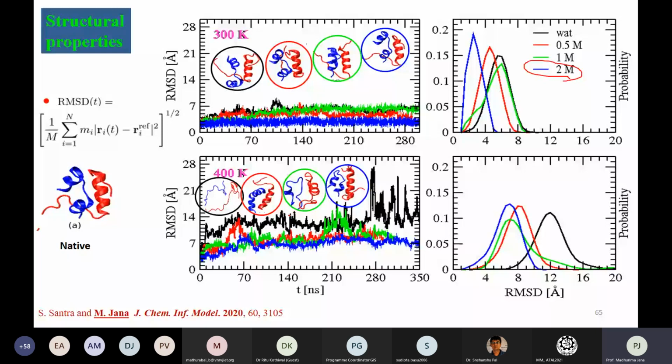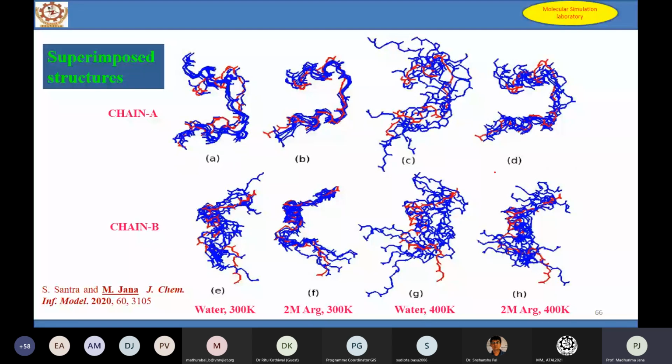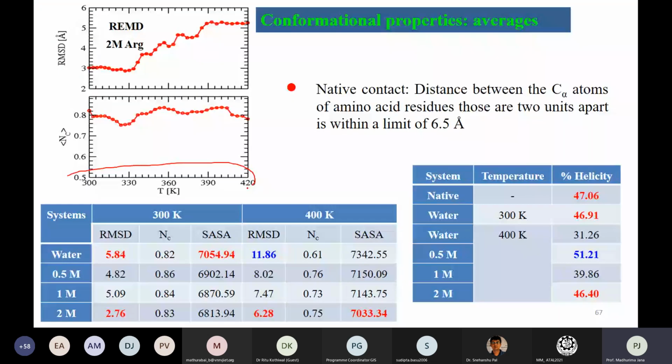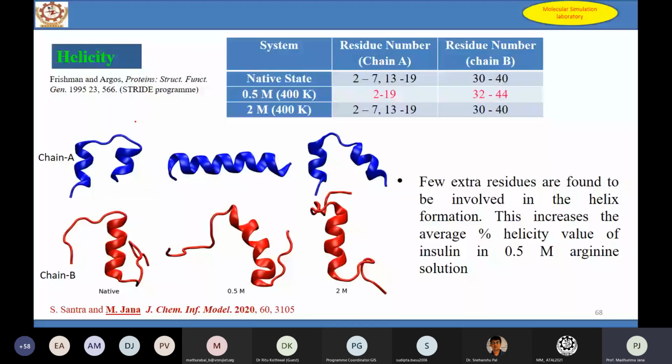Okay, so these are some of the superimposed structures I have shown. Then you can see that we have studied a wide range of temperature, 300 to 420 Kelvin, and how the properties change has been given here. We can also calculate how the helicity changes, and we have specifically shown that in the 2 molar case the helicity is maintained.